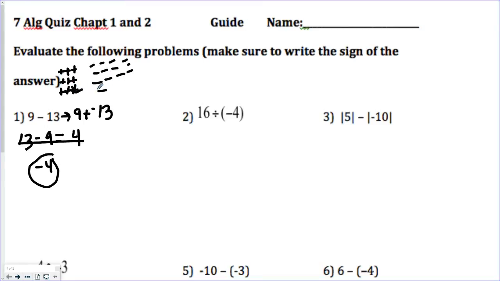So this cancels with that, this cancels with that, and so on down the list. And make sure I cancel this one out too. So in the end, I'm just left with 4 negatives that haven't been canceled, so my answer is negative 4.